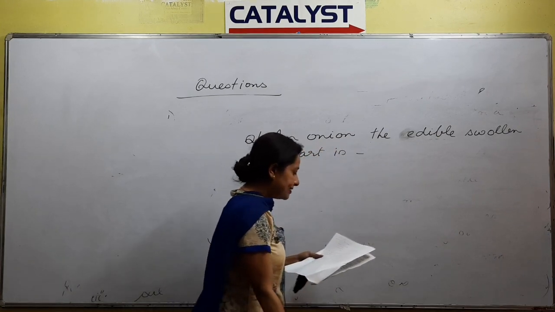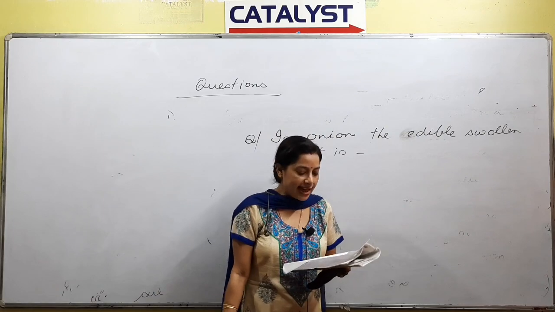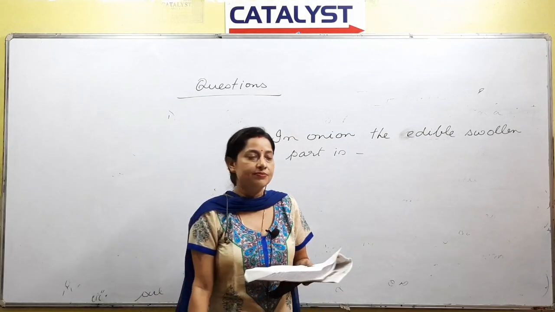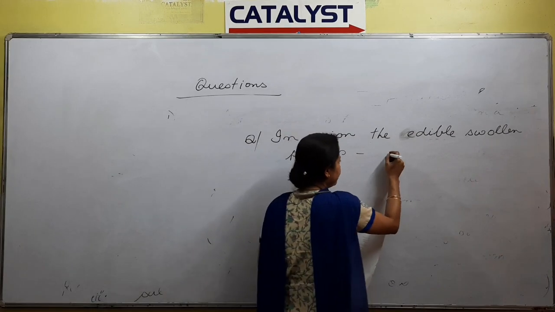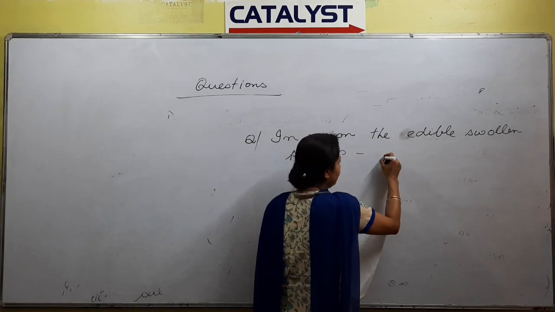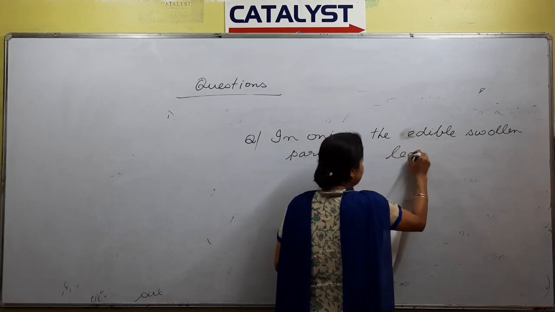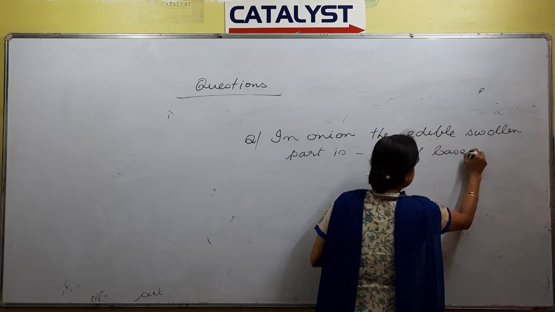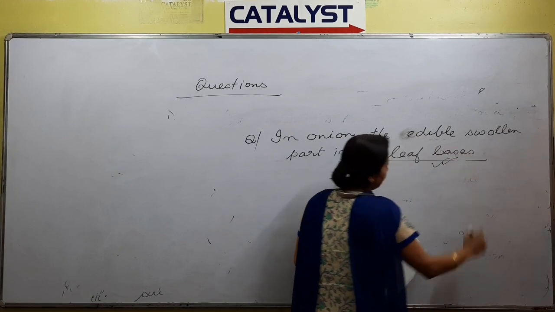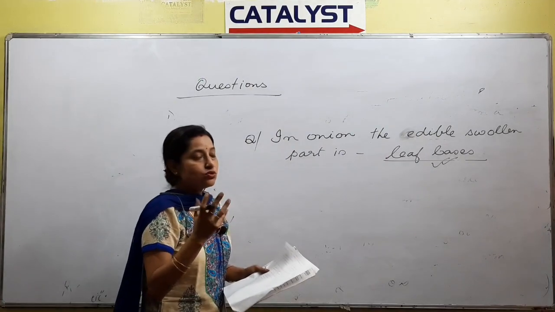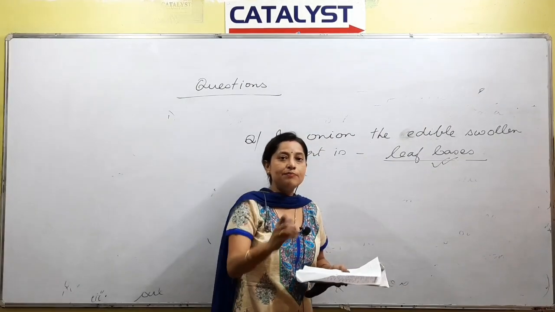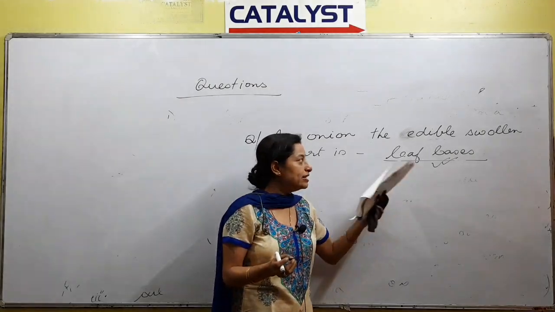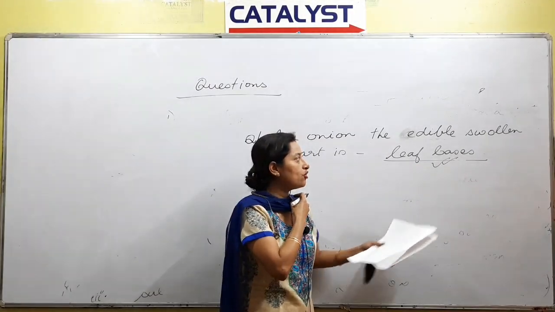Stem, leaf base, underground stem, internodes? If you say leaves, the answer will be wrong. It is leaf bases, a point to remember. Because for the edible swollen part, the leaf is also edible, we eat the onion leaves too, but the edible swollen part is the leaf bases.